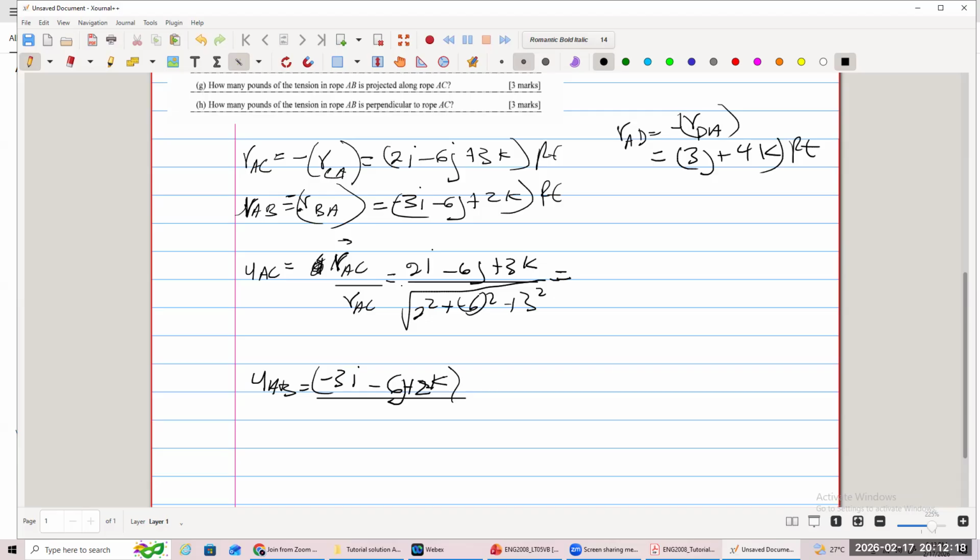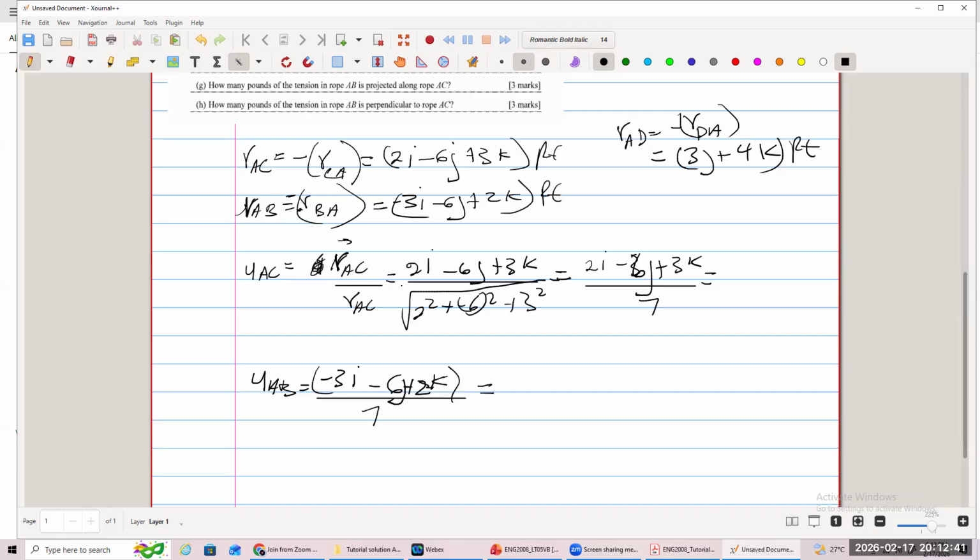How much is that? 49. And so the modulus is 7. The other one will be the same thing: 2i minus 6j plus 3k upon 7.